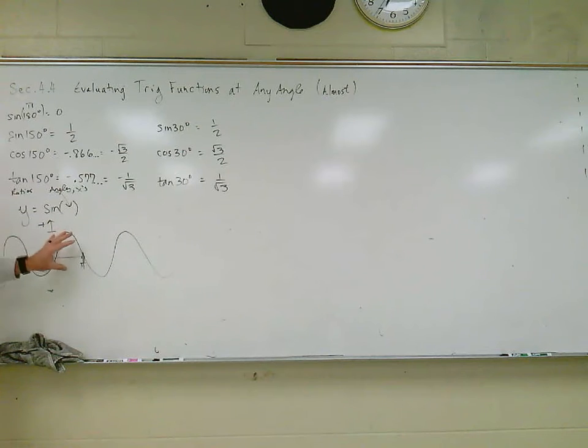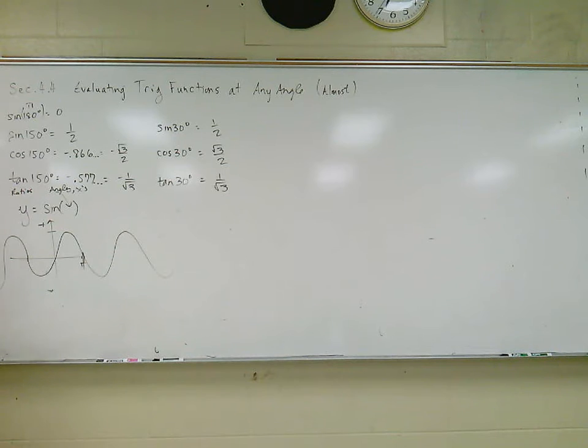We'll come to the wave stuff later, but I just want you to understand that if you were to graph the sine function, you would get this picture. So let's see how this happens. What we're going to do now is get these answers by hand without a calculator.